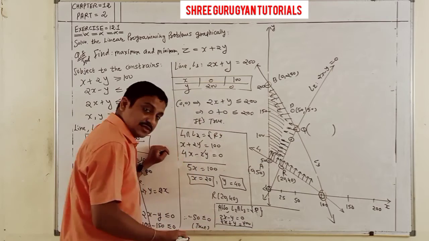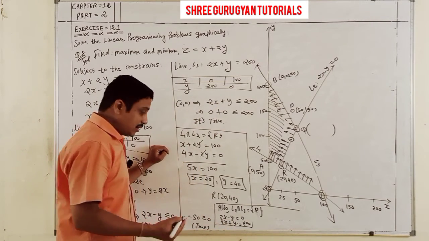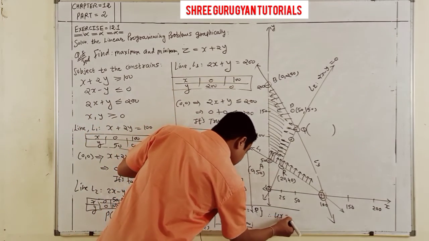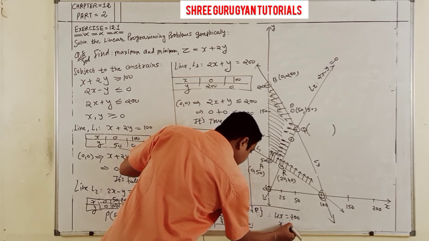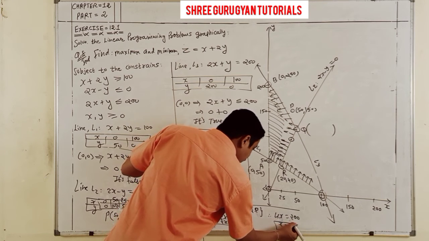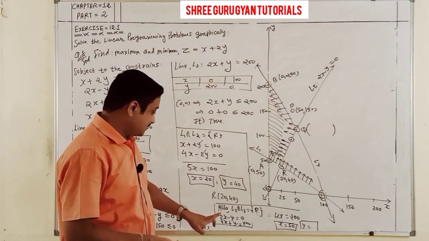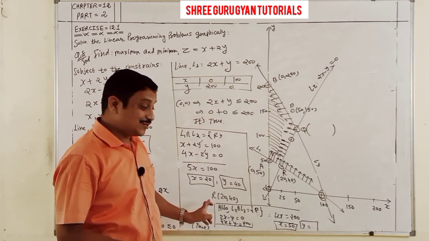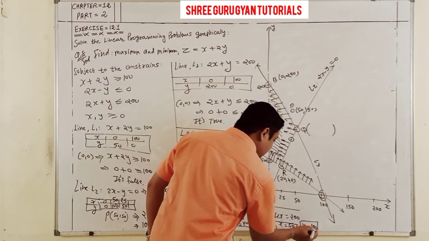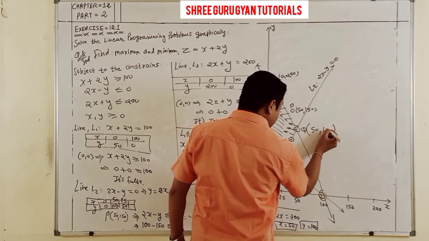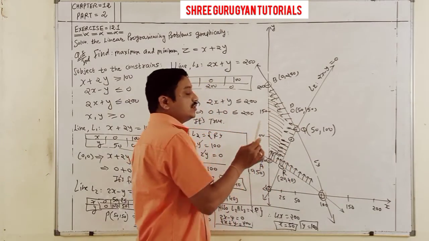So what you get, this cancels. Simple, you get 4x is 200, x becomes 50, and if x is 50, then y is 2 times 50, which is 100. Yes, that becomes your 50, 100 answer, students, and that much you easily get.